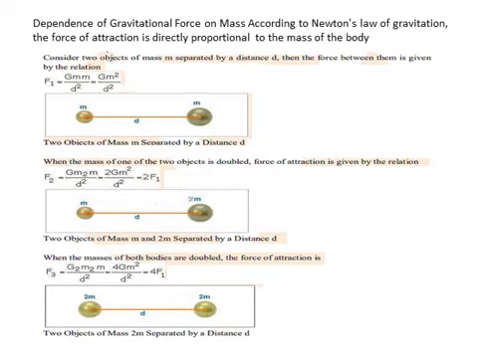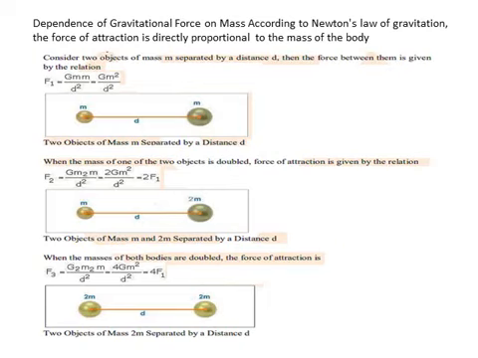So this is the new formula for bodies which have equal mass. Now come to the next picture. See the diagram. You have the left side body with mass m, and the right side body with mass 2m.